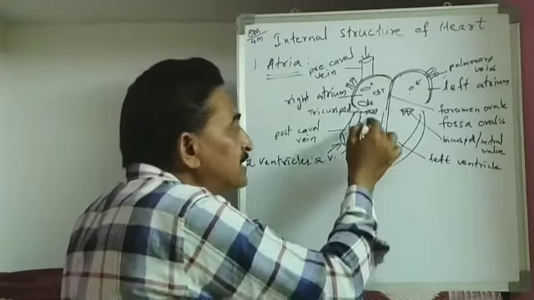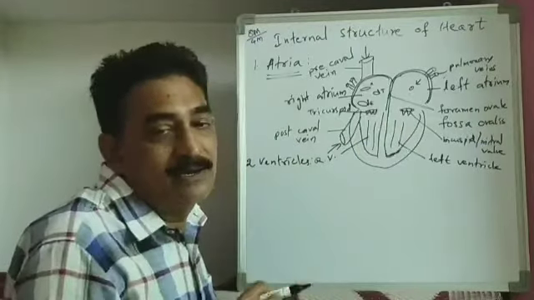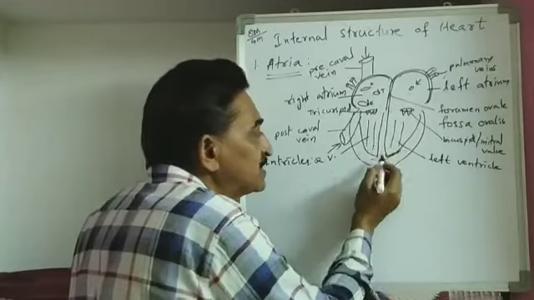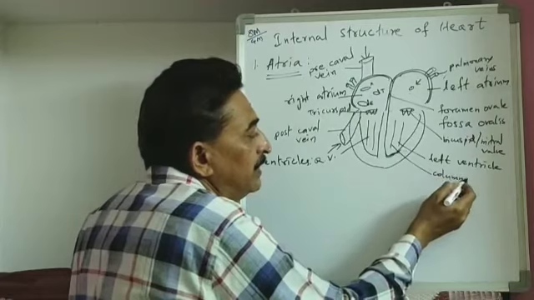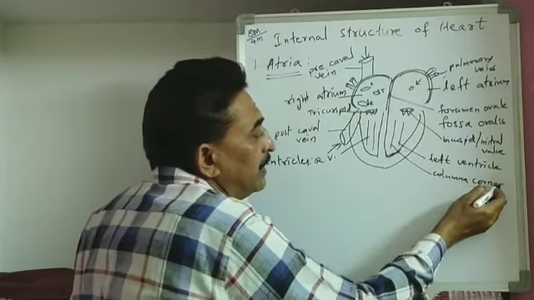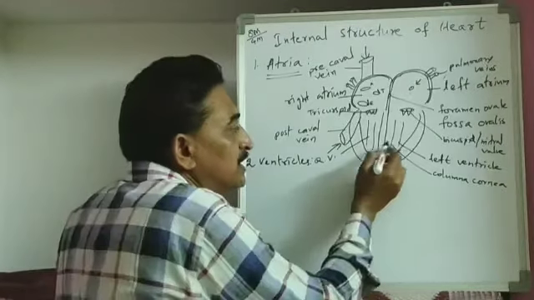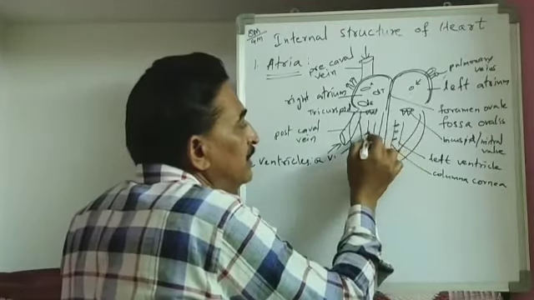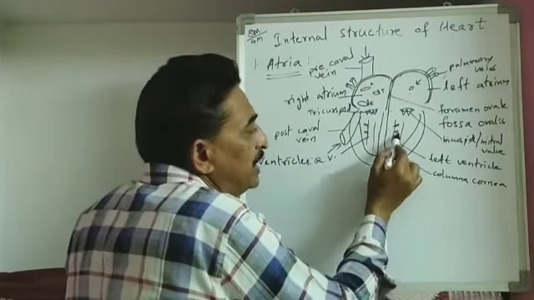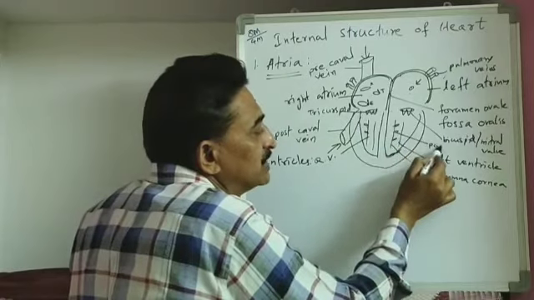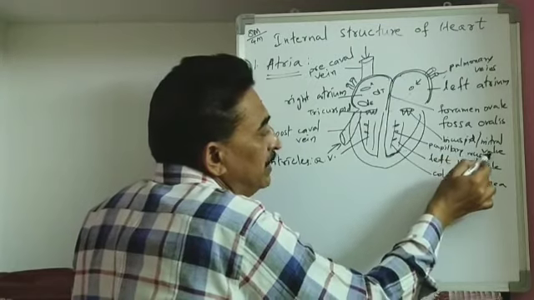These ventricles contain ridge-like structures, called columnae carneae. These ridge-like structures here and there contain papillary muscles, cone-shaped muscles.